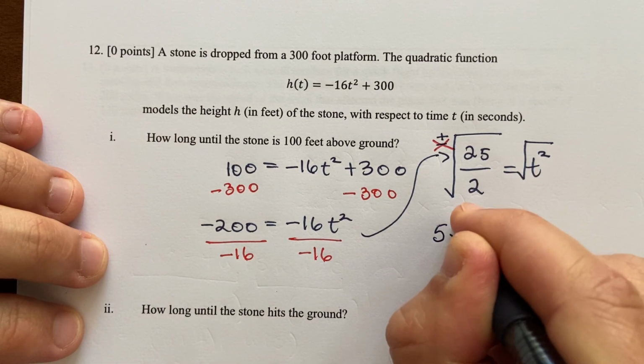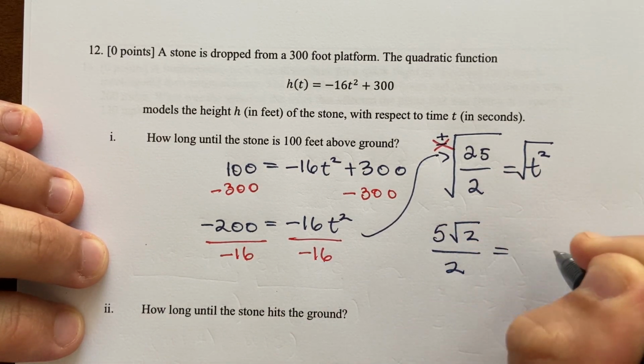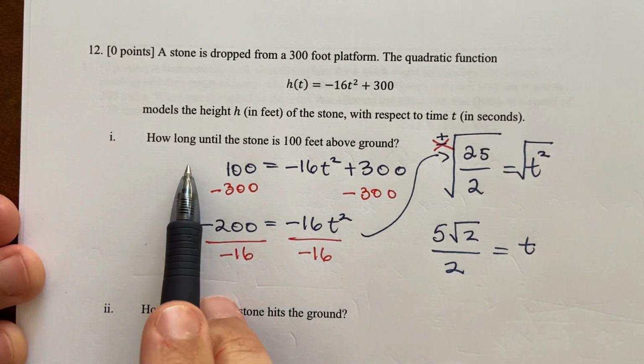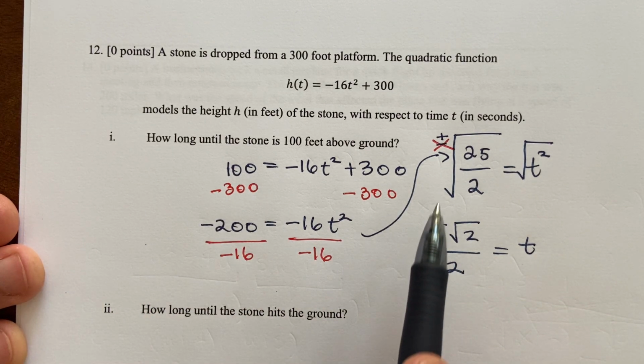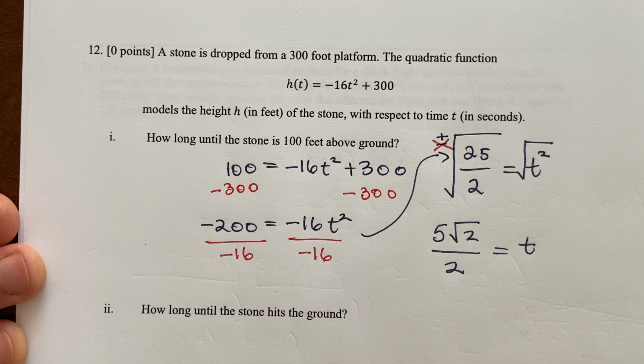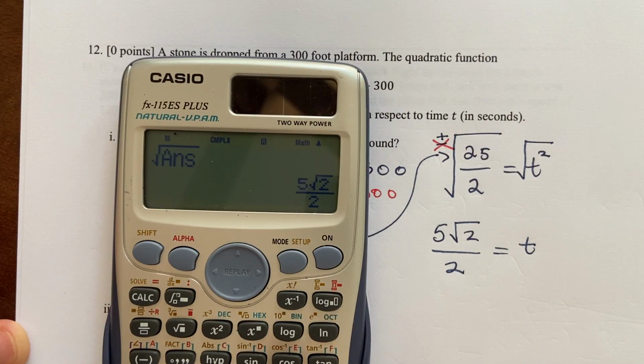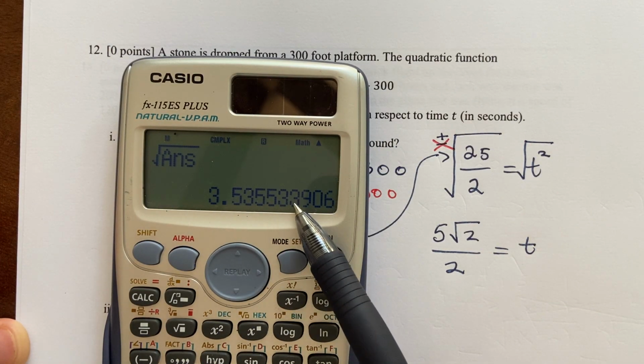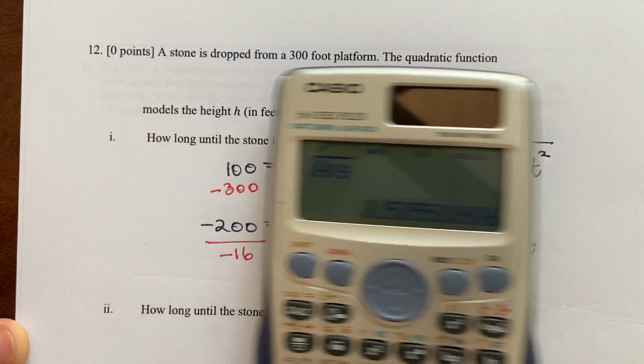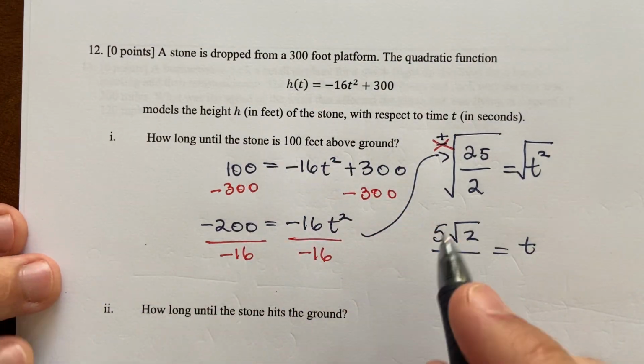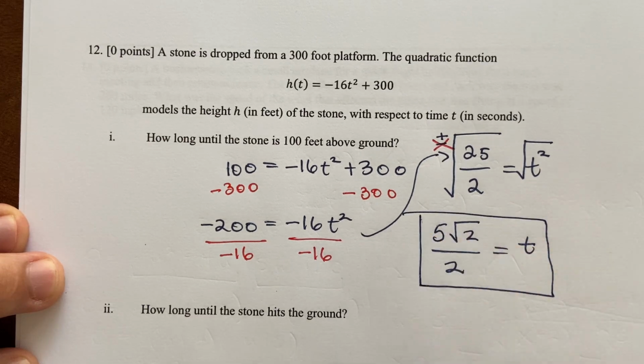So I have 5 root 2 over 2 equals t. So that's how long. It doesn't say to round. If you're curious about what amount of time that is, it's about this amount of time. Okay, but since nothing was said about rounding, I'm just going to leave it in exact form there.